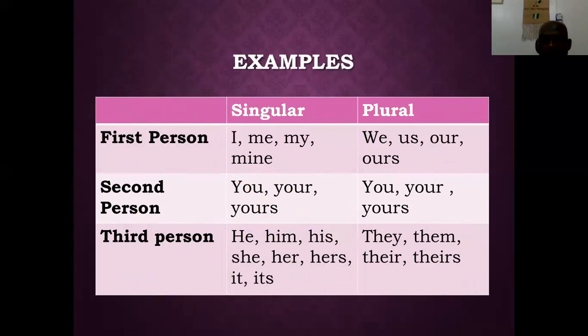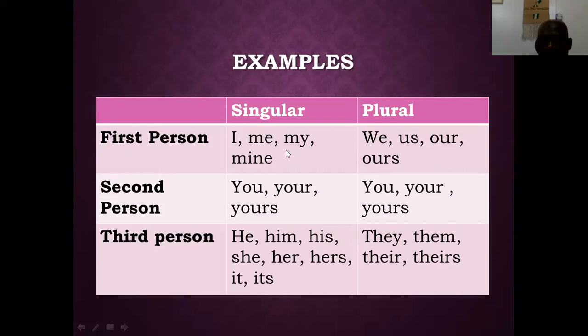Now, examples of personal pronouns. We have first person, second person, and third person personal pronouns. For the first person singular, we have I, me, my, and mine.